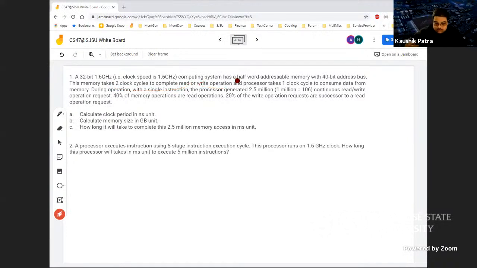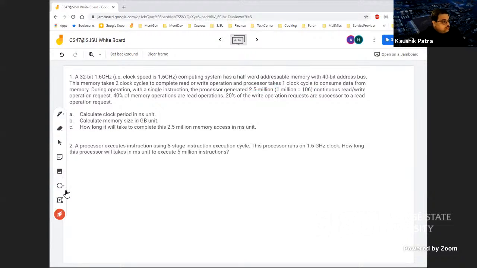So it's not 1 clock cycle, it takes 2 clock cycles. And also 1 clock cycle to consume the data from the memory. During the operation with a single instruction, the processor generated 2.5 million instructions.